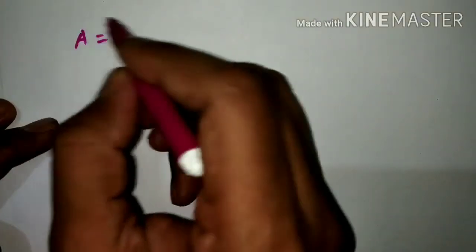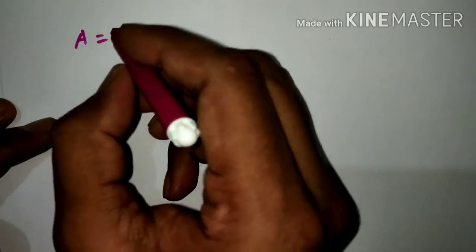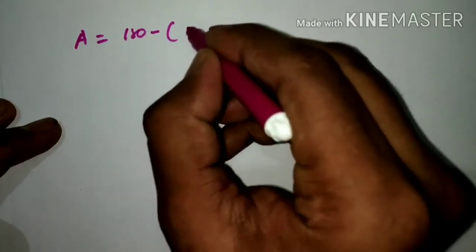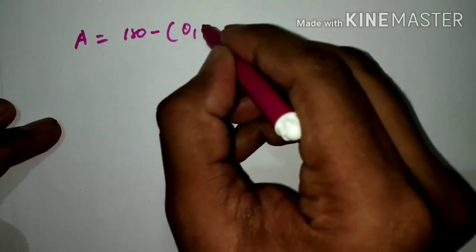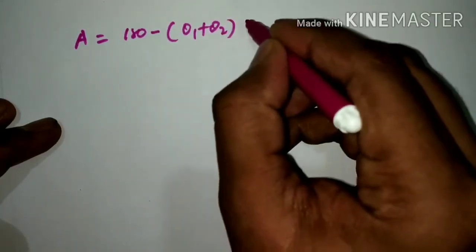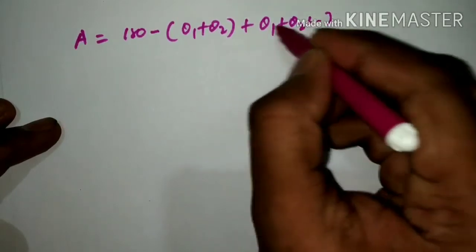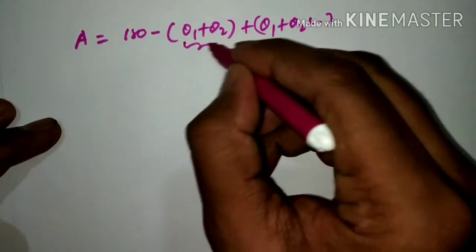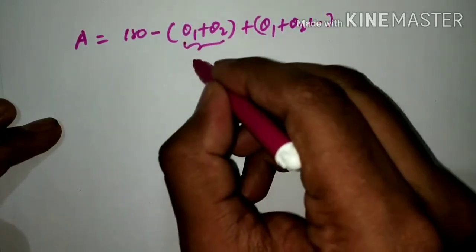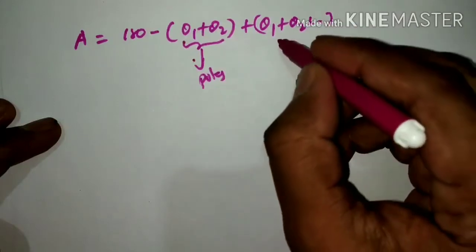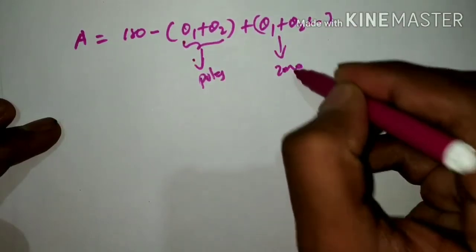So A is the angle of departure at pole A. As per the formula, A is 180 minus theta 1 plus theta 2 and so on, which is the net angle contribution by poles, minus the net angle contribution by zeros.